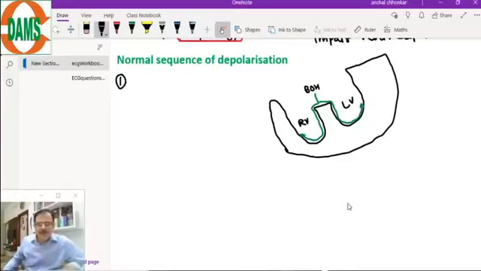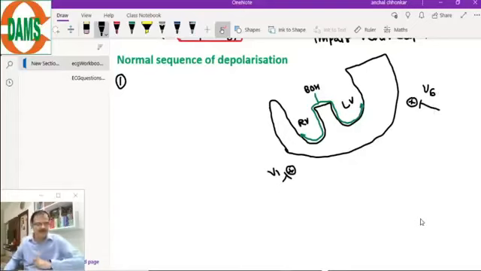Now I will take the extreme leads. One lead is V1, the positive pole of V1, and here is the positive pole of V6, or V5.